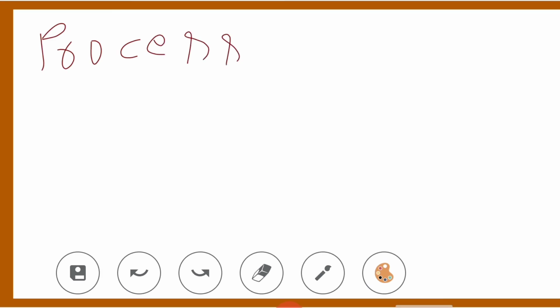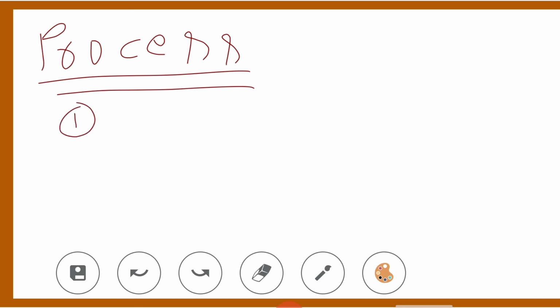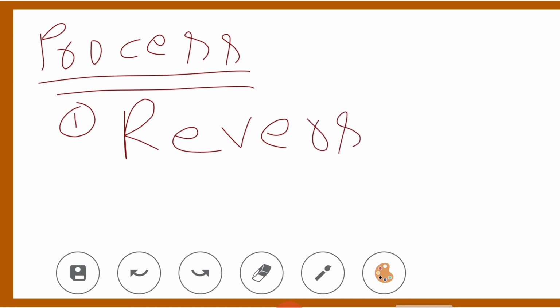Now we will describe processes with respect to path. Number 1, reversible. If a process is reversible, then it is always in equilibrium.